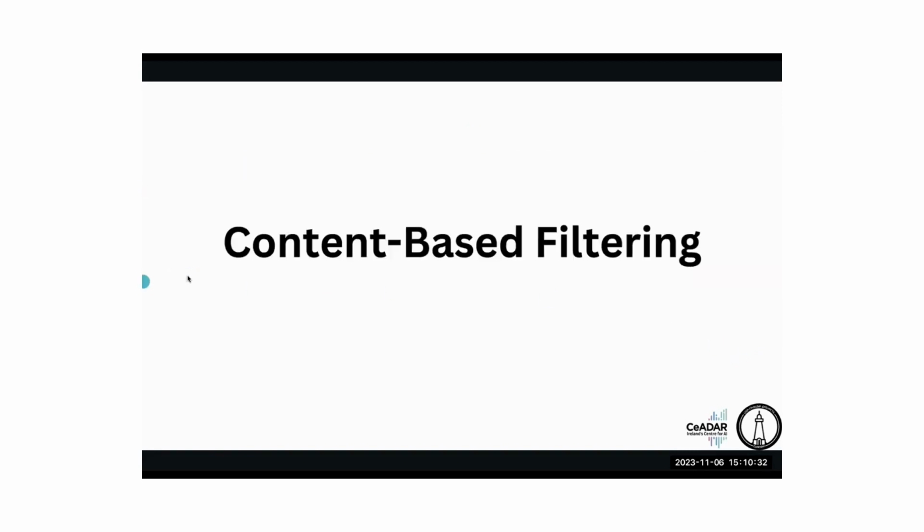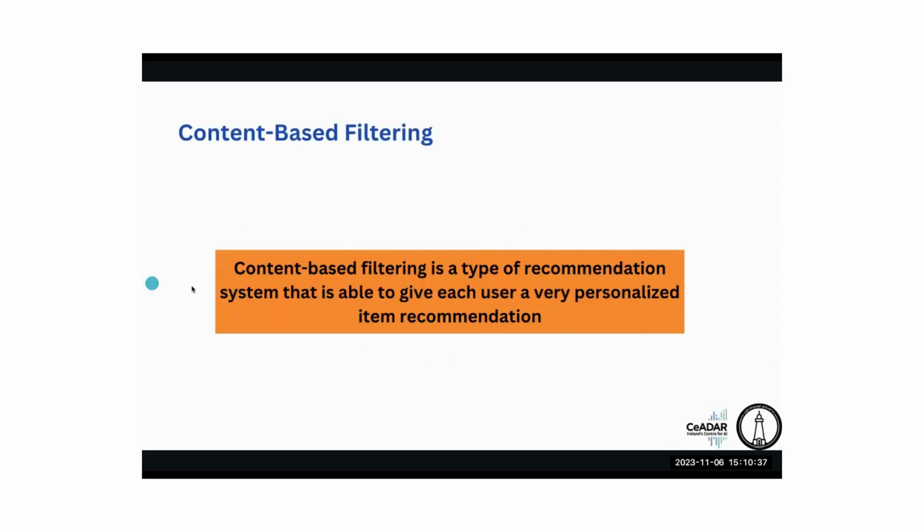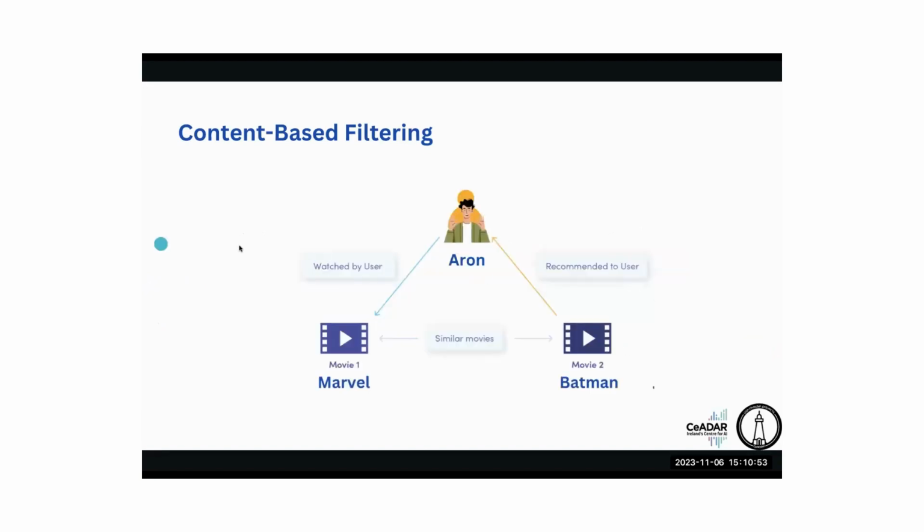So let's dig deeper into content-based filtering. Content-based filtering is a type of recommendation system that is able to give each user a very personalized item recommendation. Here, the recommendations are based on the different content. Let's take an example. In this example, we are aware that Aaron wants to watch a movie called Marvel, and this data has been saved here.